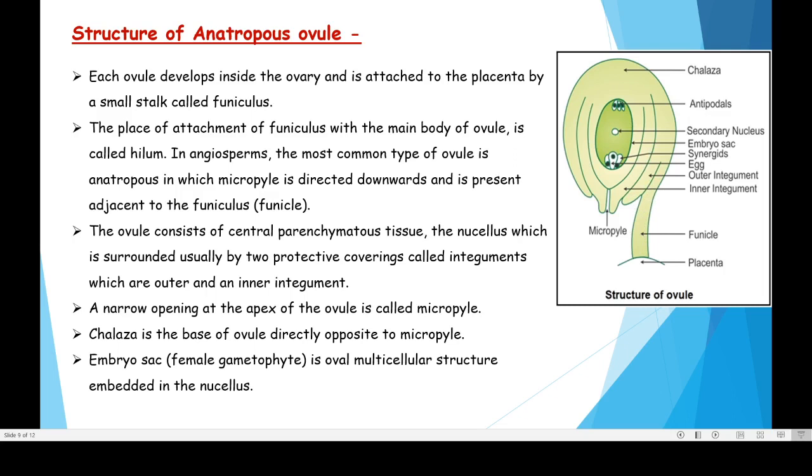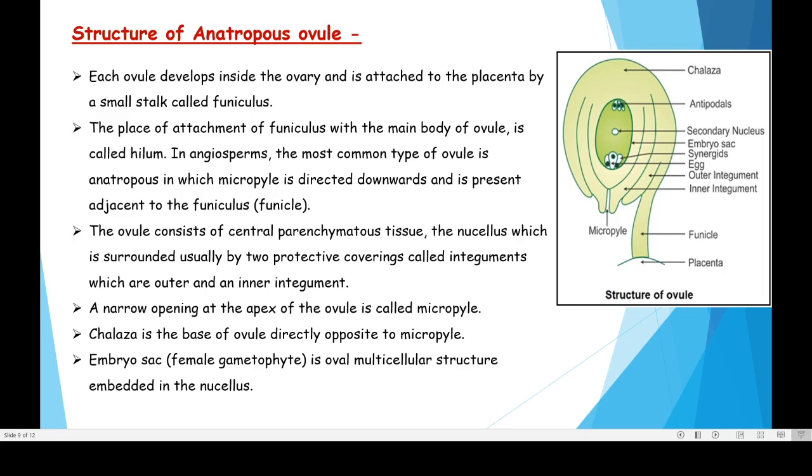Now this ovule consists of a central parenchymatous tissue. Here you will find parenchymatous tissues, and at initial stages, it is known as nucellus. This nucellus is surrounded or protected by two protective coverings. Here you can see these are the protective coverings, and these are known as integuments, outer integument and inner integument.